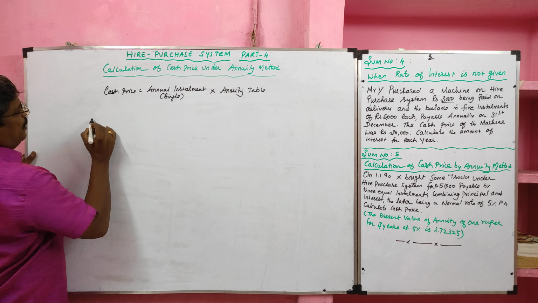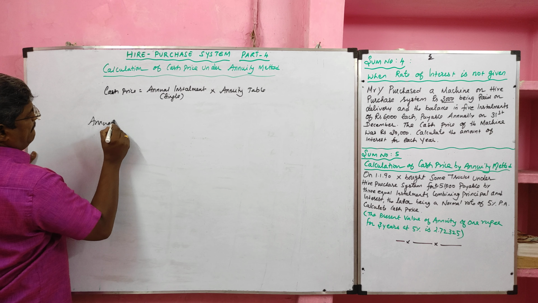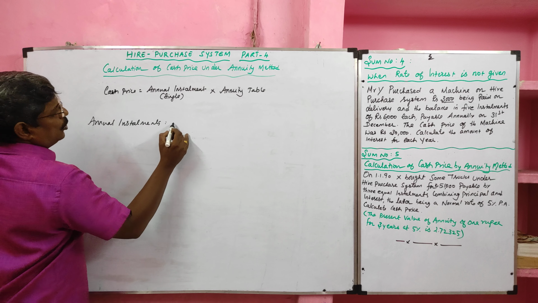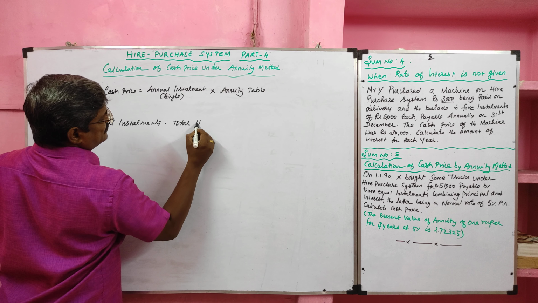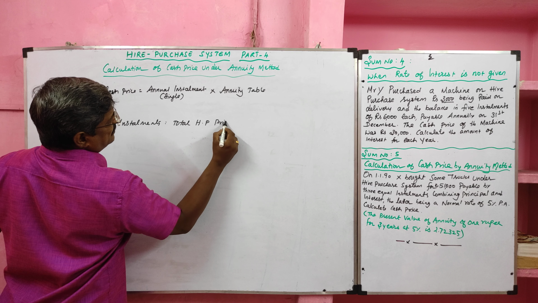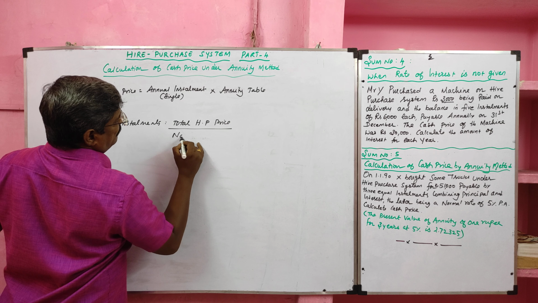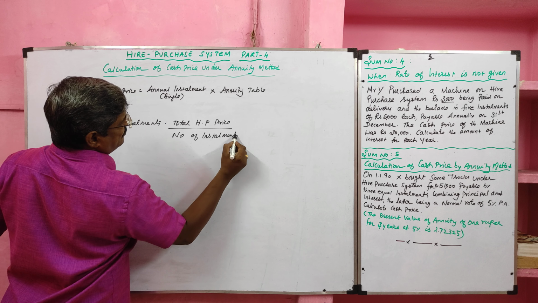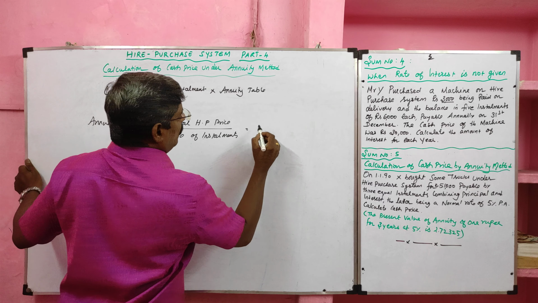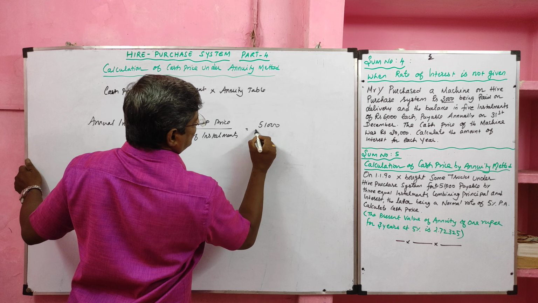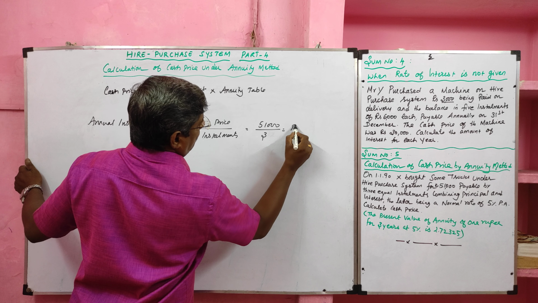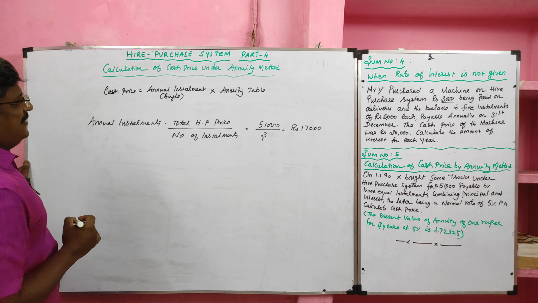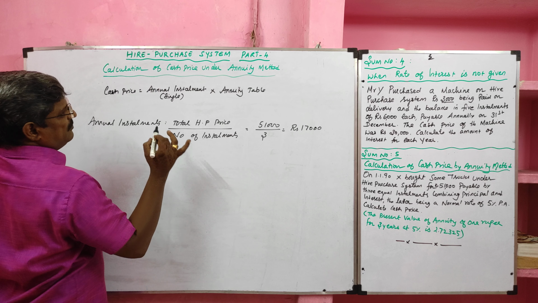For that, the formula is total hire purchase price divided by number of installments. We know the total hire purchase price, and the number of installments is 3. So single annual installment is 17,000.